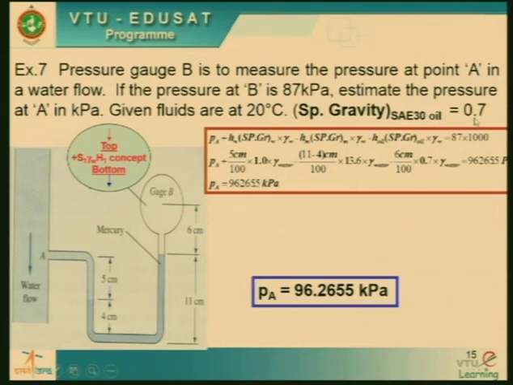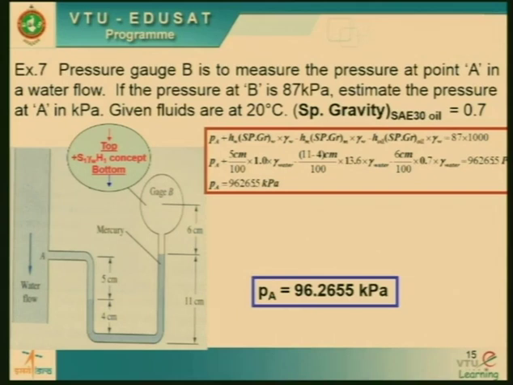Now the main thing is, let us go to the diagram. You can see there is a pipeline exactly like this. I am connecting it to a manometer system which is given here. Now the point A, which is actually the pipeline here, from there I am coming down, number 1, by 5 centimeter.